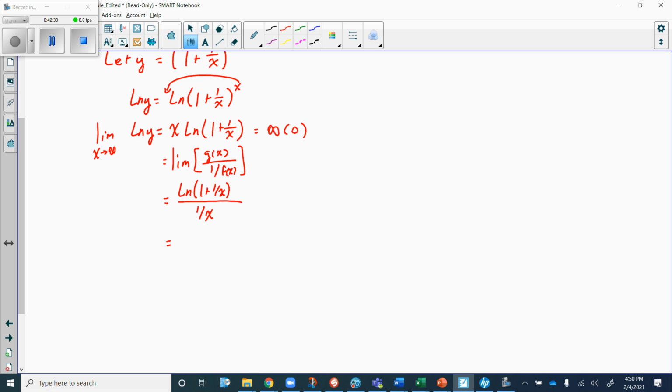For the numerator, we're going to have to use the chain rule. And we're going to wind up with 1 over 1 plus 1 over x, times negative 1 over x squared when we use the chain rule to take the derivative of that. And the derivative of the denominator is going to give me a negative 1 over x squared.